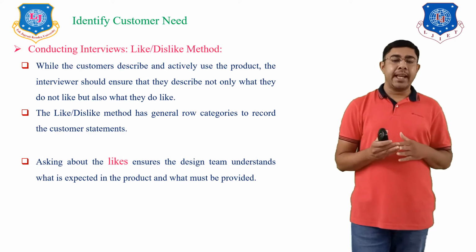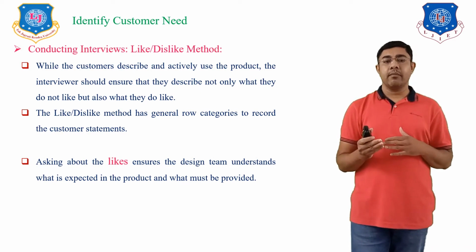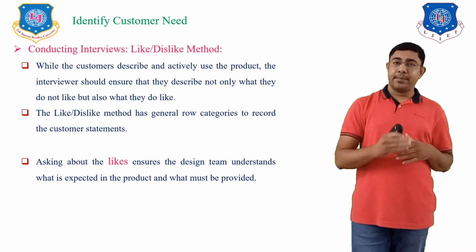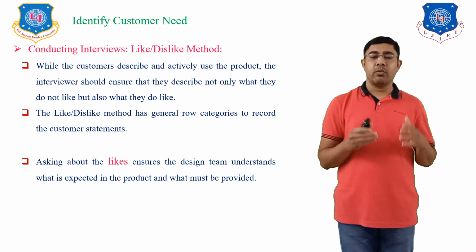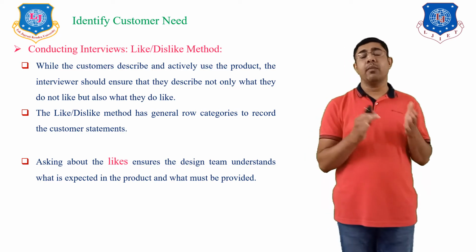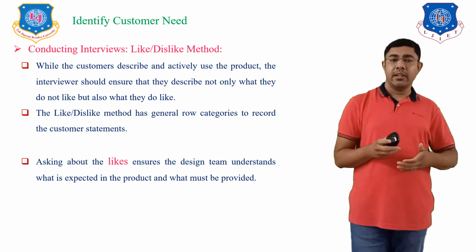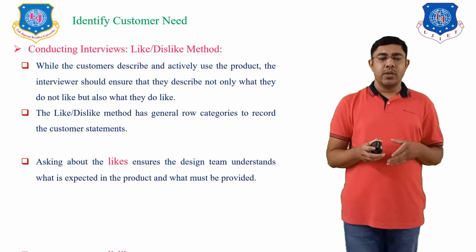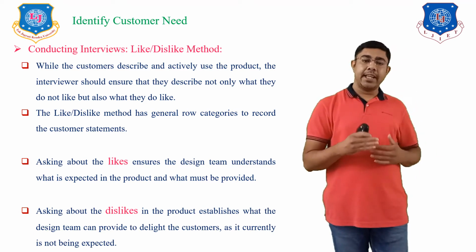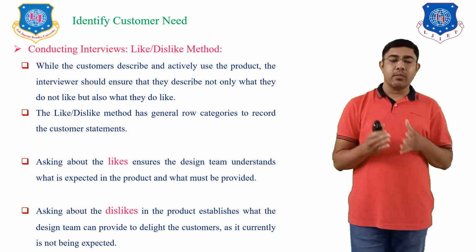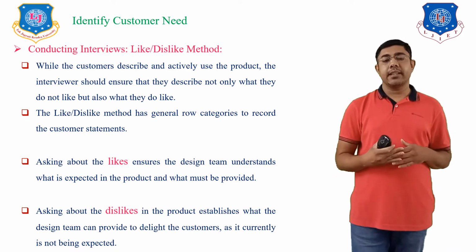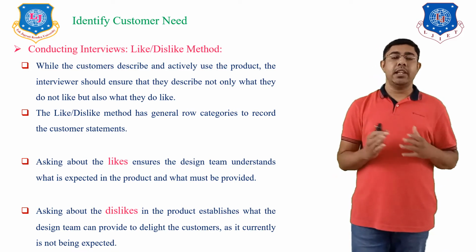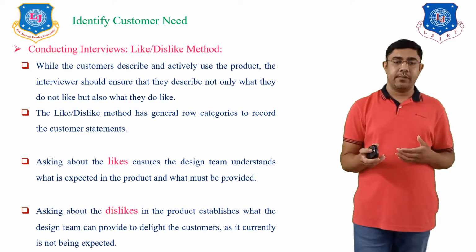Asking about likes ensures the design team understands what is expected in the product and what must be provided. Whatever the customers like must be provided in the product development. Asking about dislikes establishes what the design team can provide to delight the customers, as it is currently not being expected.